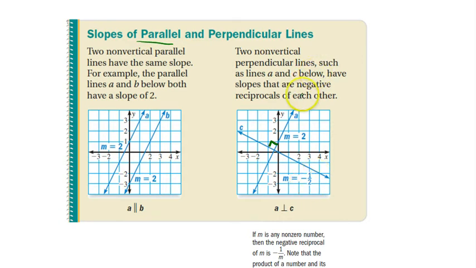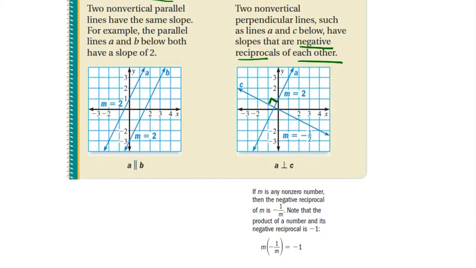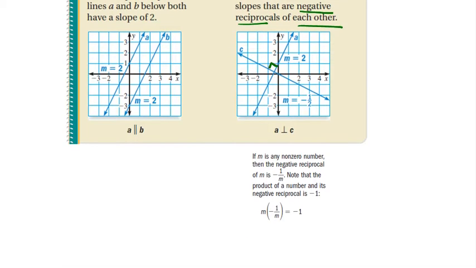That's because perpendicular lines have slopes that are negative reciprocals of each other. Now let's look at what that means down here. This is an example of if my slope is m, then a slope of a line that's perpendicular would be -1/m.